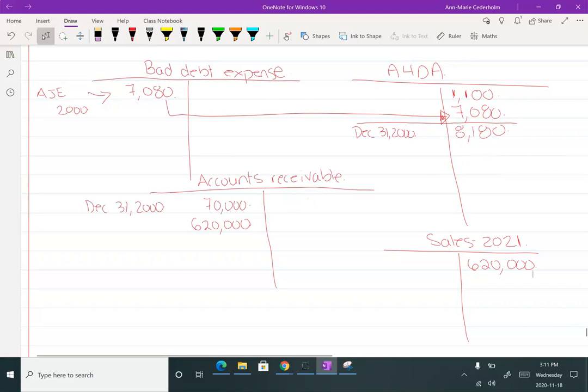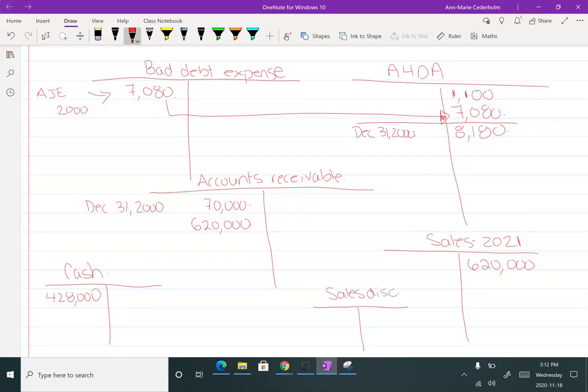The next one was to record the collection. So I can open up cash here, even though it doesn't really matter. But remember, our journal entry was debit cash for $428. And I've got my sales discounts.